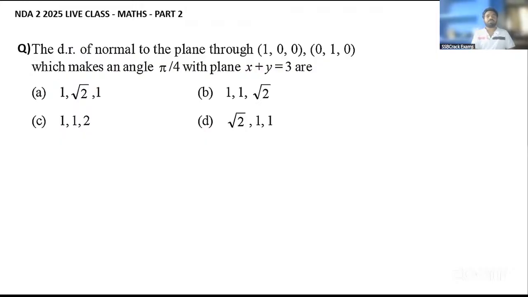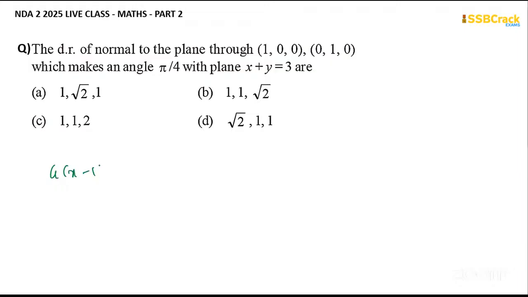Next question. The direction ratios of the normal to the plane passing through these given points, which makes an angle pi by 4 with the plane x plus y is equal to 3. The plane passing through the first point is a(x minus 1) plus by plus cz is equal to 0. The plane is passing through the second point as well.